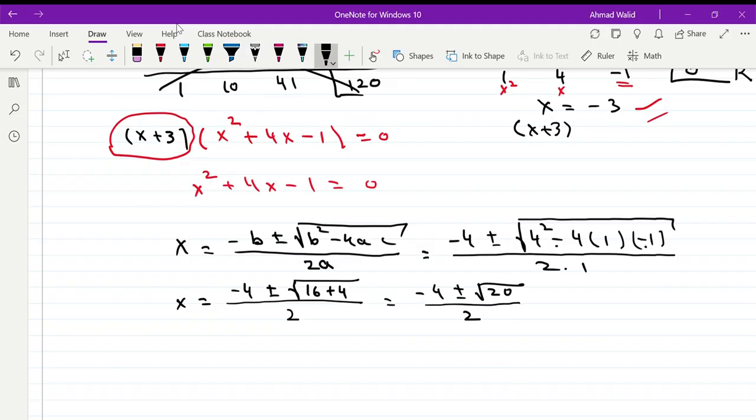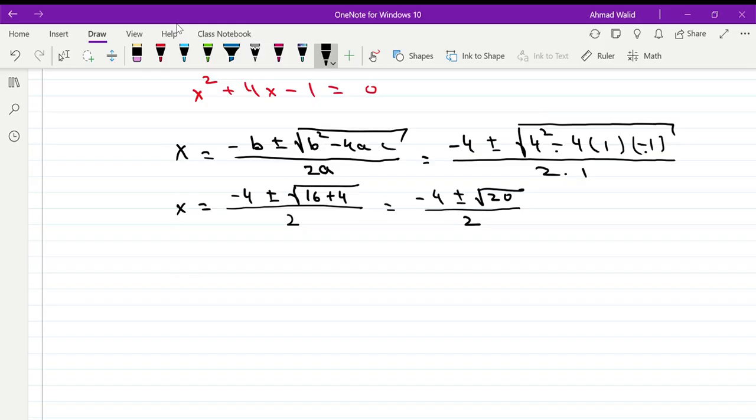Over 2. But square root of 20 can be simplified, right? The square root of 20, you can write it as a 4 times 5. Then you can write this one as a negative 4 plus minus square root of 4 times 5 over what? Over 2.